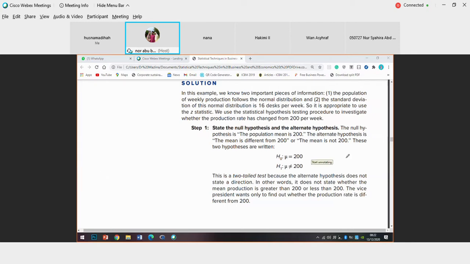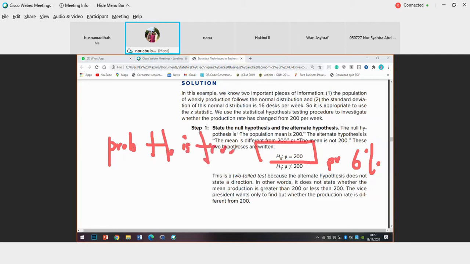Okay, ini p-value awak dapat sebagai 6%. Okay, the p-value is 6% means that the probability that H0 is true is 6%. Jadi, probability H0 is true is 6%. Yang ni kita buat secara ringkas lah.